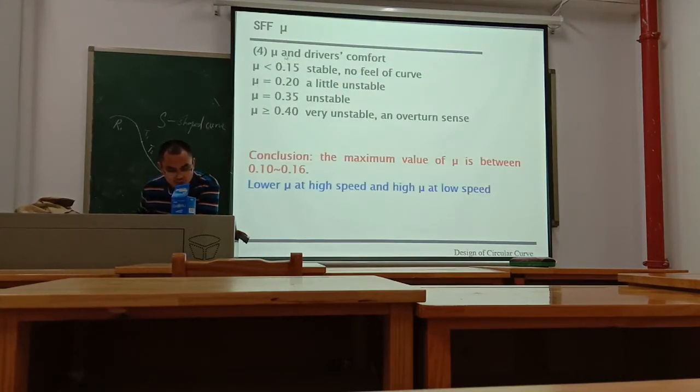The relationship between mu and the driver's comfort. When mu is less than 0.05, the drivers and passengers will feel stable, with no fear of overturning.